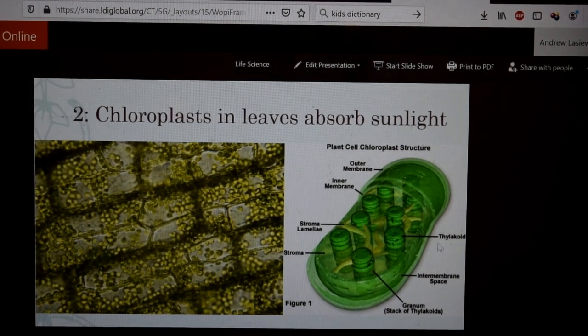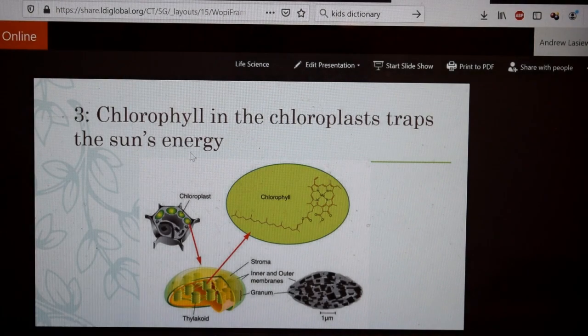We don't need to know the makeup of these specific chloroplast cells, but this is what it basically looks like here. You have this chloroplast cell, and inside the chloroplast is chlorophyll. Don't confuse the two. Chlorophyll is what actually makes the food inside the chloroplast.